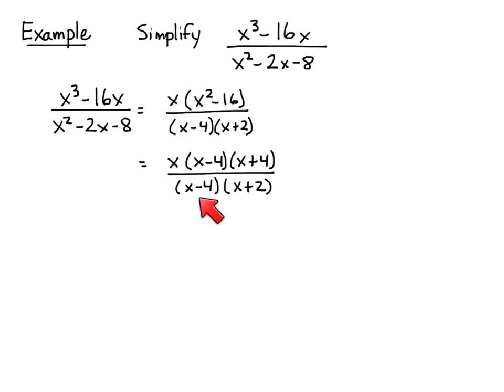And so that equals 1, and it equals 1 everywhere except where x equals 4. Okay, so when I simplify that and drop that x minus 4 out, I have to say x does not equal 4. So all of these, starting from here, these three, are all equivalent expressions. This one is equivalent only if we call out that x does not equal 4.